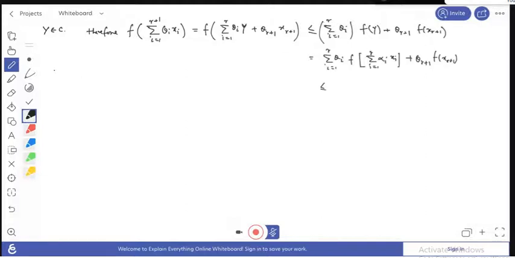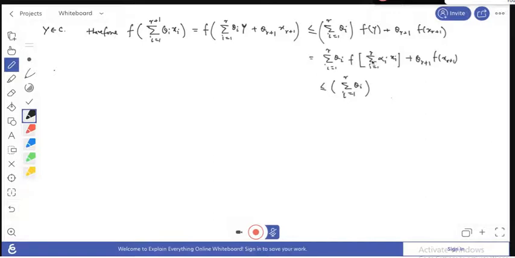Okay, so this equals the summation i equals 1 to r of theta i, and here you know that f is a convex function, and this condition holds for m equals r.